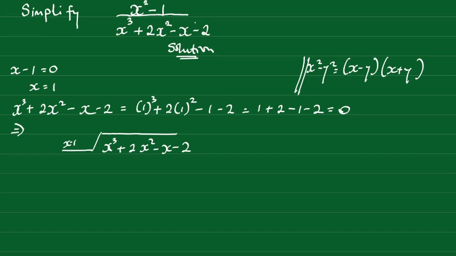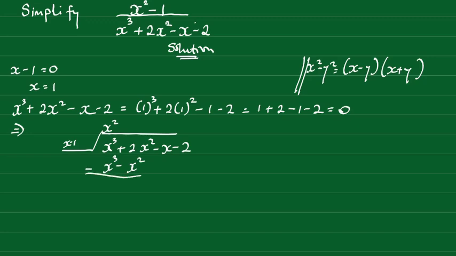Now we look for what would multiply x and give us x raised to power 3. That's x raised to power 2. x raised to power 2 times x gives us x raised to power 3. Now minus 1 times x raised to power 2 gives us minus x raised to power 2.